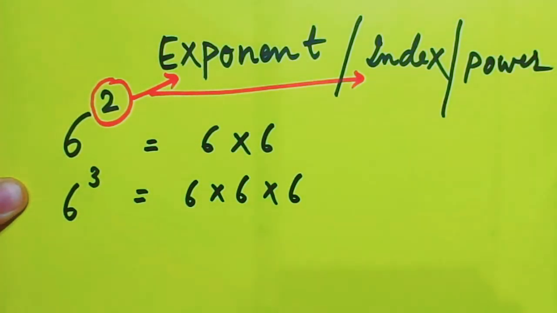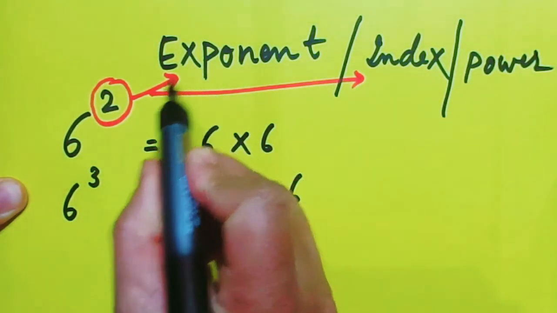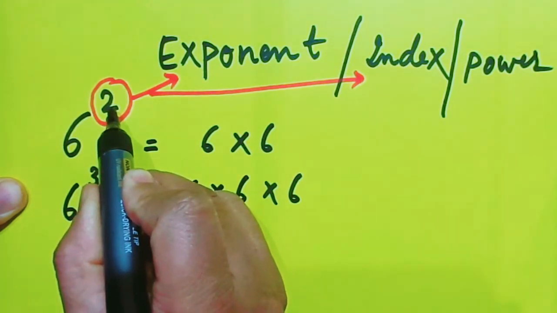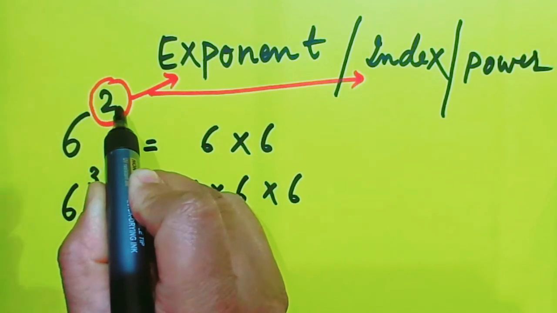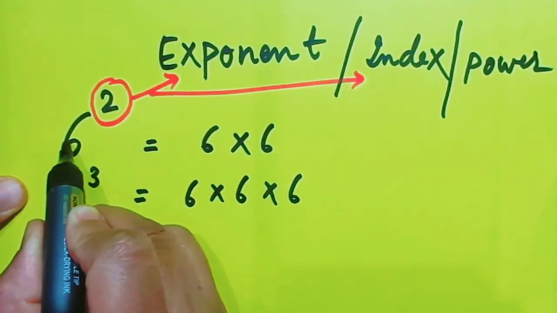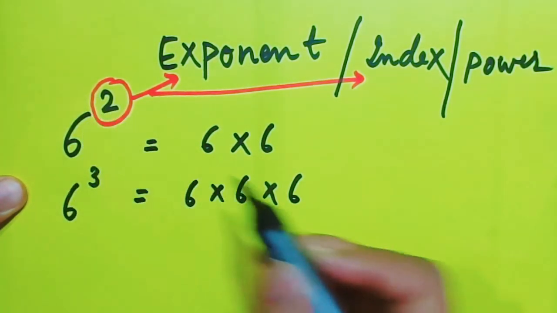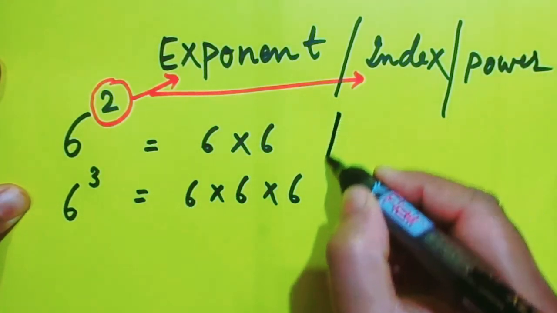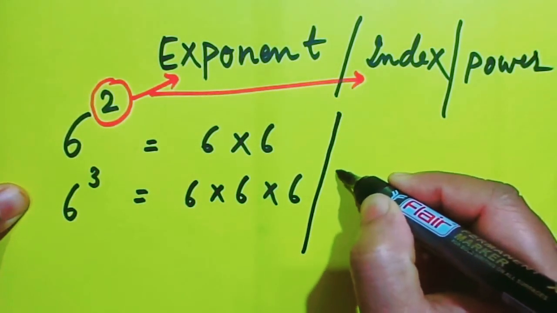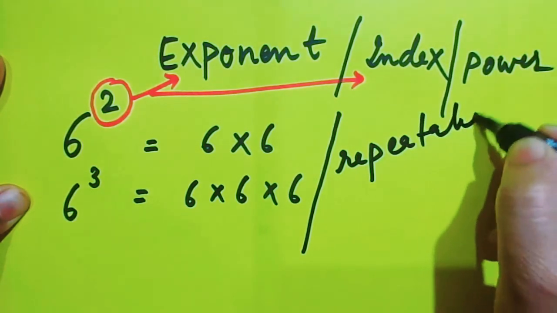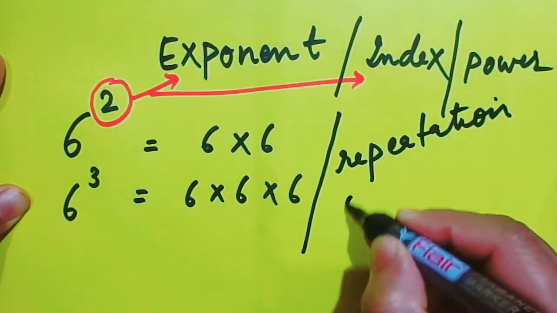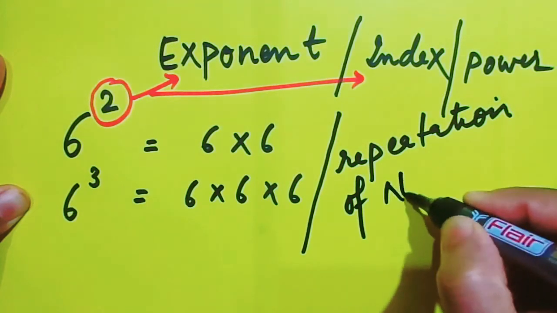This means that the exponent over here is actually the number of times the numerical value has been repeated. So you can say that we are actually talking about repetition of any numerical value.